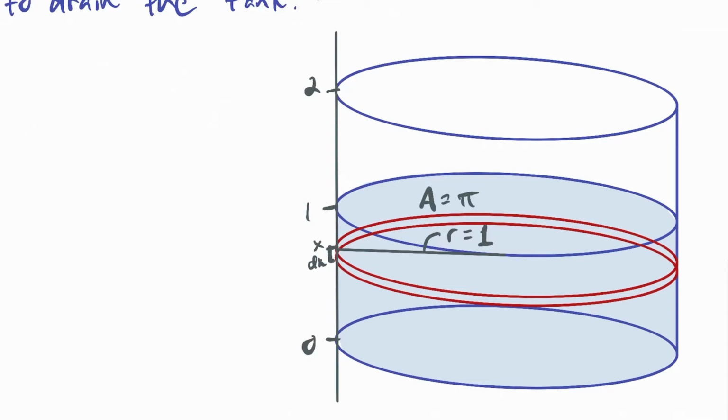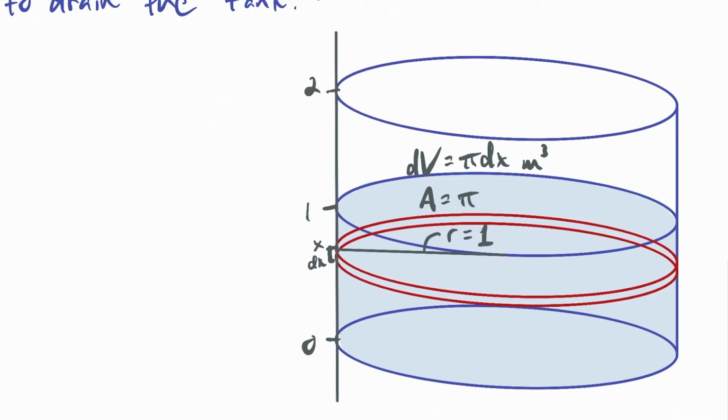So the volume, and I'm going to call this dV for now, the incremental volume, is going to be the area times the height, and the height of that slab is dx, the thickness. So this is pi dx, and this is in cubic meters, okay?